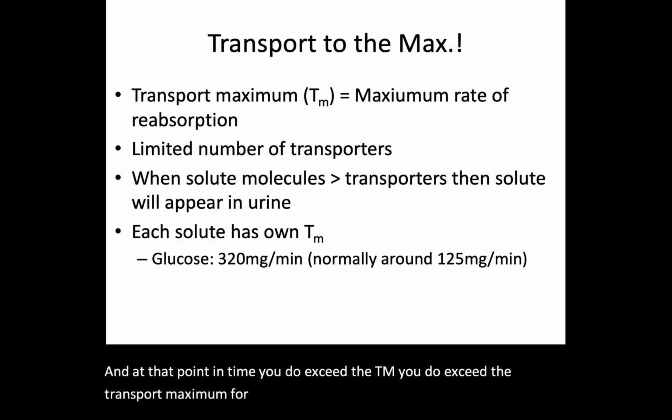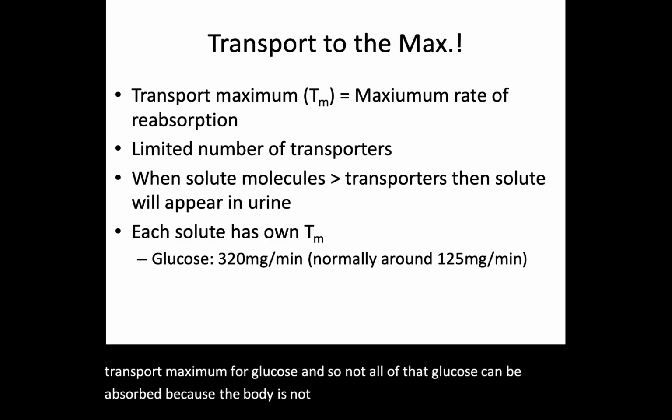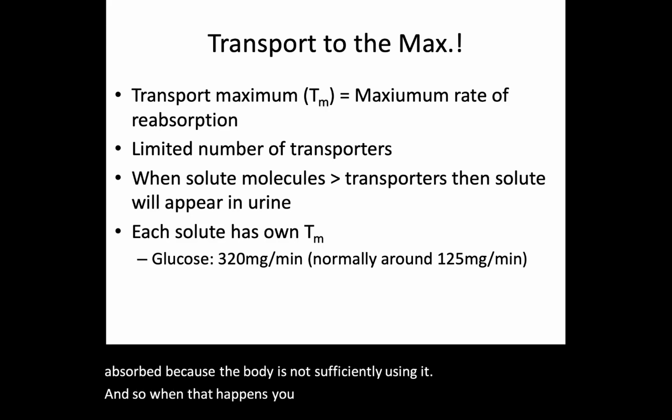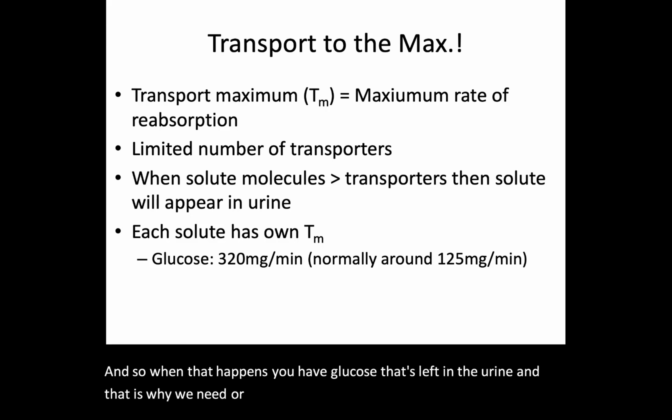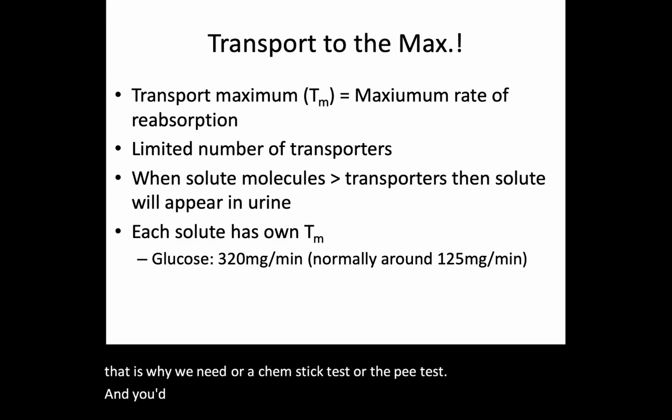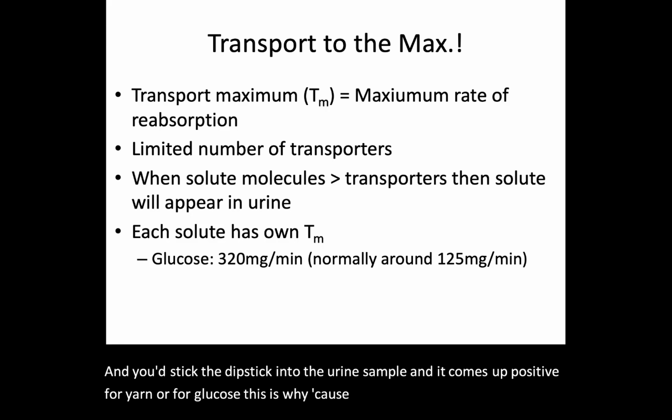And so not all of that glucose can be absorbed because the body's not sufficiently using it. And so when that happens, you have glucose that's left in the urine. And that is why when you do a chem stick test, right, or the p-test, and you stick the dipstick into the urine sample and it comes up positive for glucose, this is why. Because you've exceeded the TM within the proximal convoluted tubule.